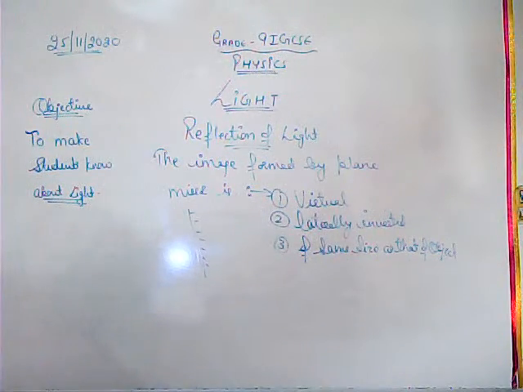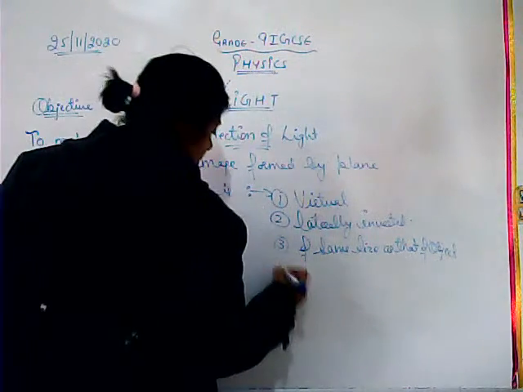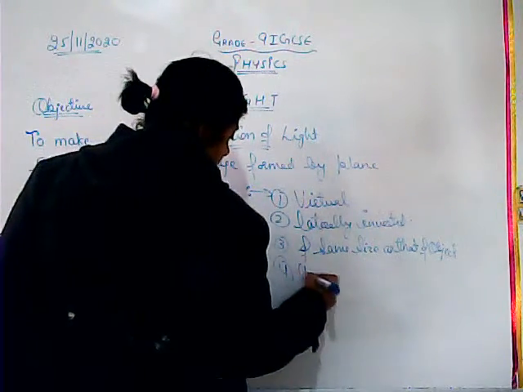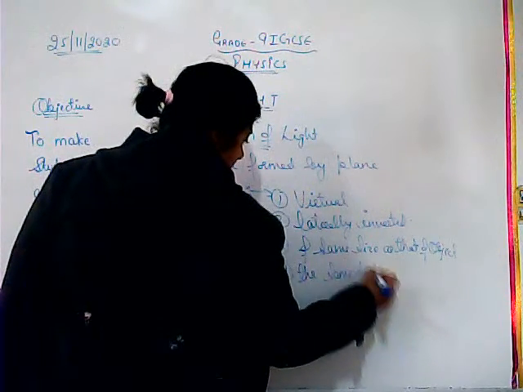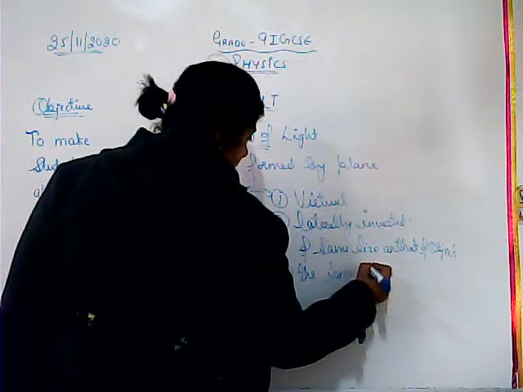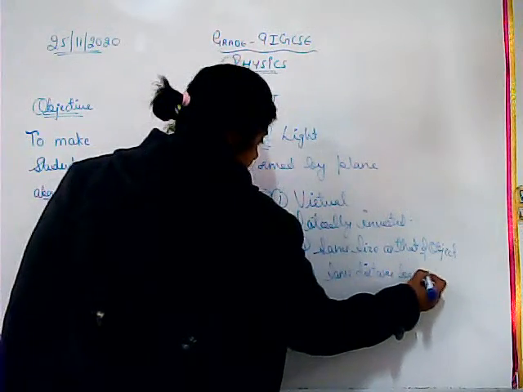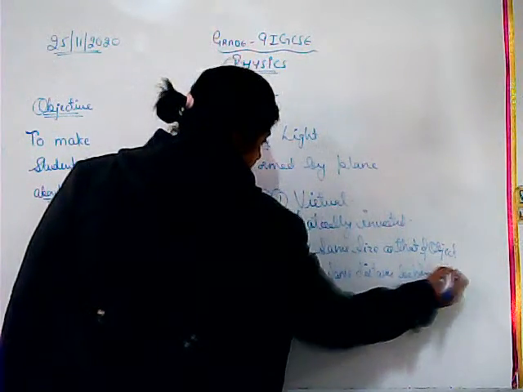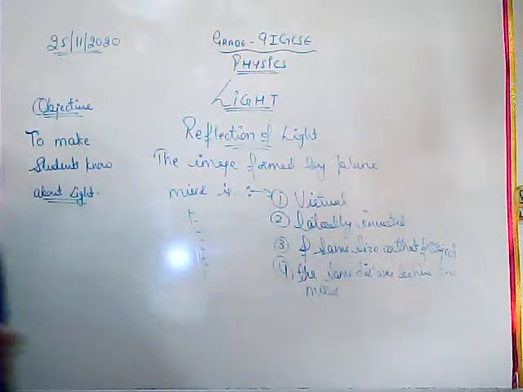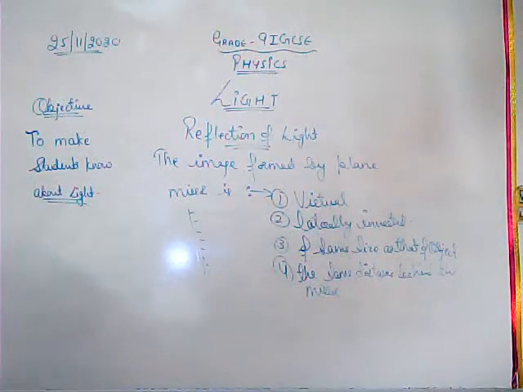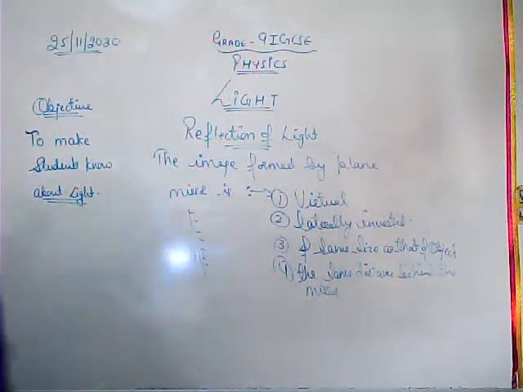The image formed by the plane mirror is the same distance behind the mirror as the object is in front of the mirror.